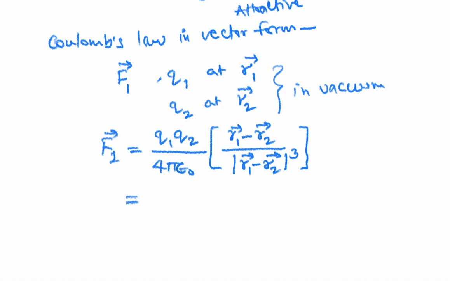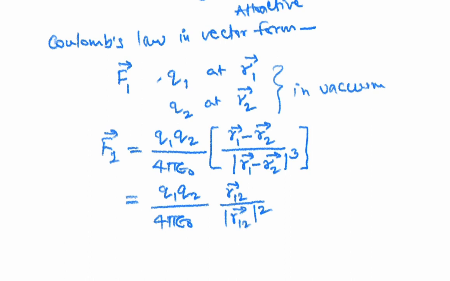That is equal to Q1 Q2 divided by 4 pi epsilon naught R12 divided by R12 square.